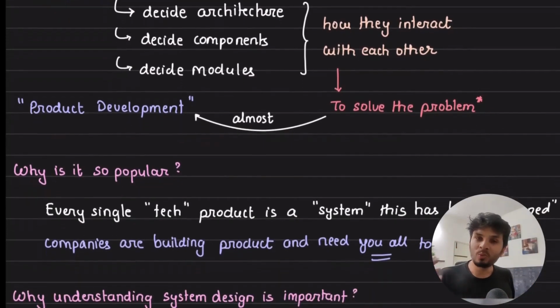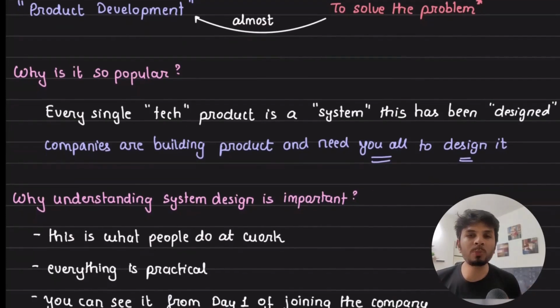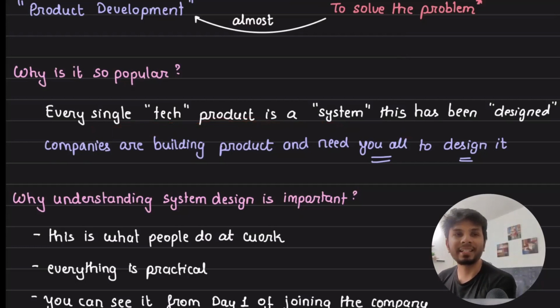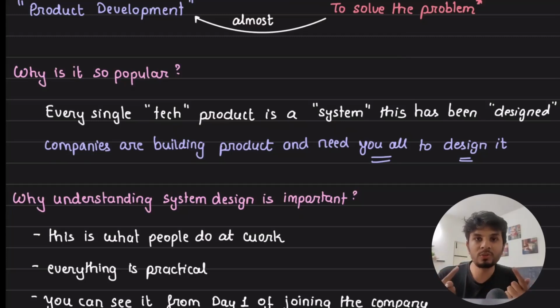So which is why system design is so popular today, because every single tech product is a system that has been designed. Companies are building products and need all of you to design it, right? Because it's so closely related to how companies typically do, quote unquote, product development, that's why everyone is focusing on system design, because this is what is closest to what you do at work.